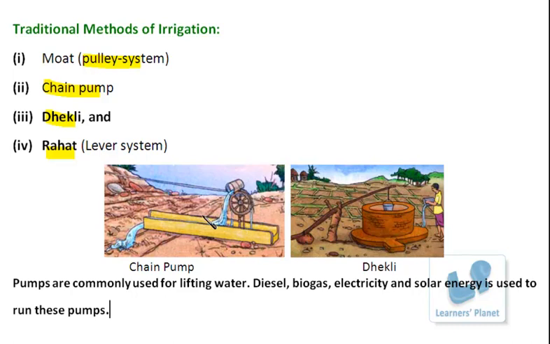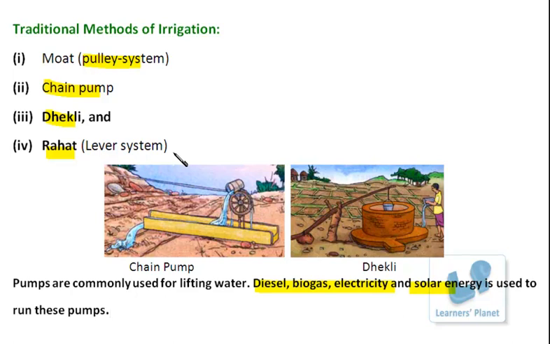These wheels are operated either manually or with the help of animals, or the water is lifted from these sources with the help of pumps running on diesel, biogas, electricity or solar energy or other sources of energy. Ultimately this water is transported to the site of production. These traditional methods need more labor and are time consuming.